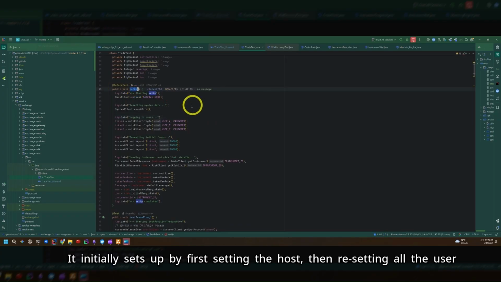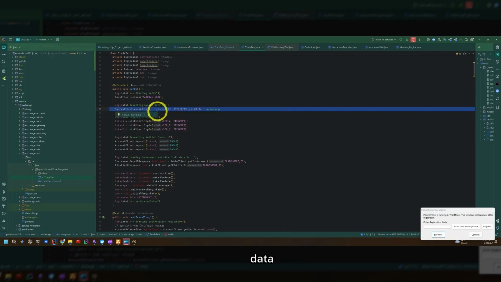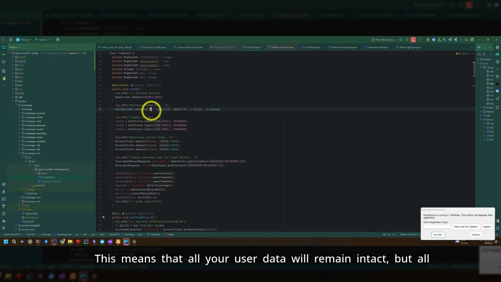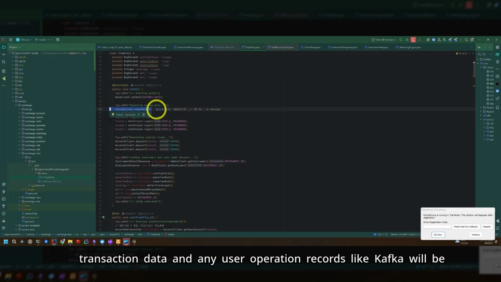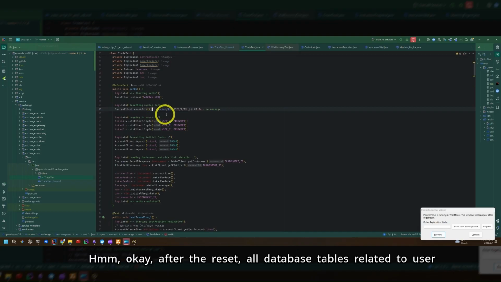It initially sets up by first setting the host, then resetting all the user data. This means that all your user data will remain intact, but all transaction data and any user operation records like Kafka will be reset, only retaining the user data. Okay.